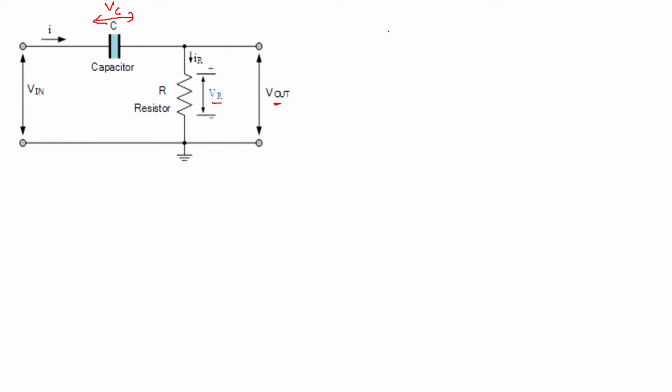We will start our derivation by remembering that the charge in a capacitor Q is equal to the capacitance times the voltage across it, that is Q = C VC. This is a fundamental basic relationship when we study capacitors.